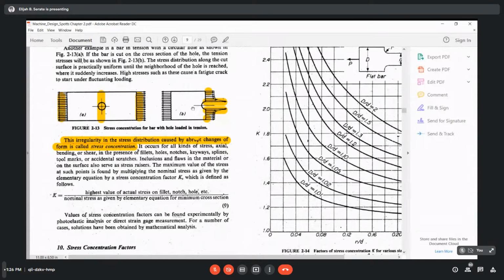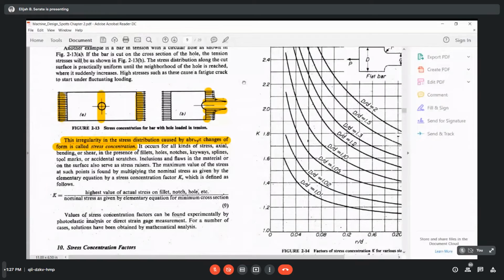So that is the nominal stress. The nominal cross-section is the one without the hole. The nominal stress is the internal force divided by the smaller cross-section. So we expect the nominal stress to be force over area, where the area is the one that is holding the stress.